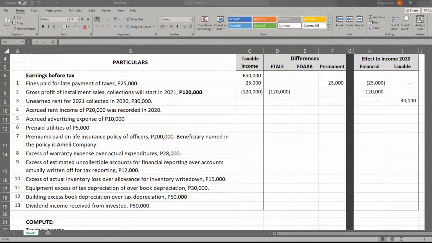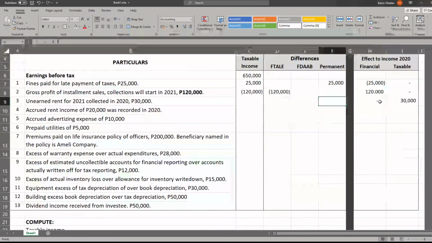We classify that one now as ano ngayon? Sige. Let's make an analysis. Is it a future taxable amount or future deductible amount? Or is it permanent difference? Well, I will be ruling out permanent difference for you. Why? Permanent difference included in one, not included in another.